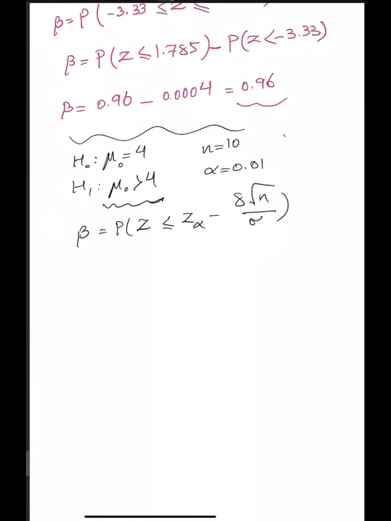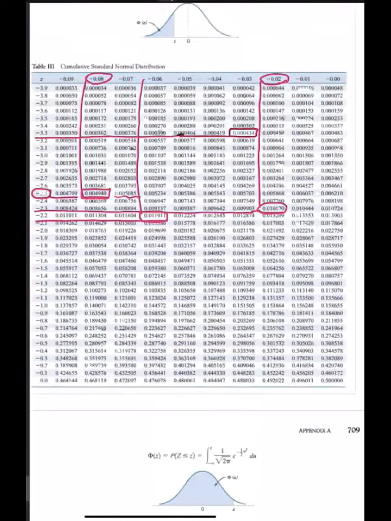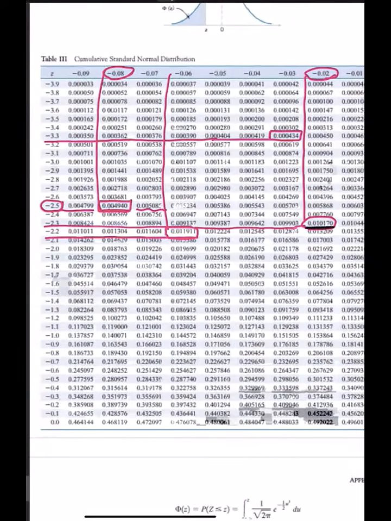So we also, again, similar to the previous scenario, we assume that the actual mu is 4.05. So in this scenario, Z of alpha, or Z of 0.01, again going to the table, is going to be, that's the number we had calculated here. So that's going to be minus 0.232.